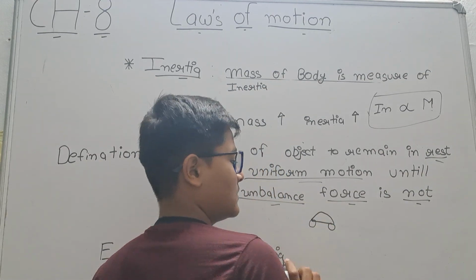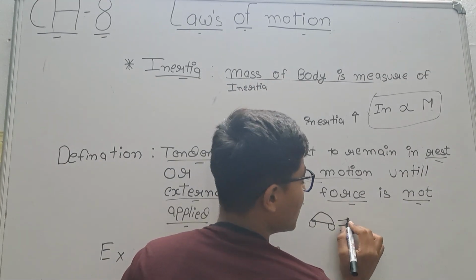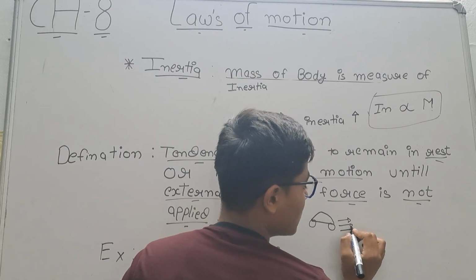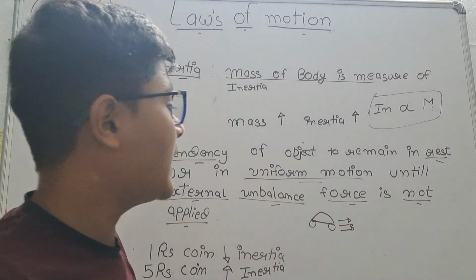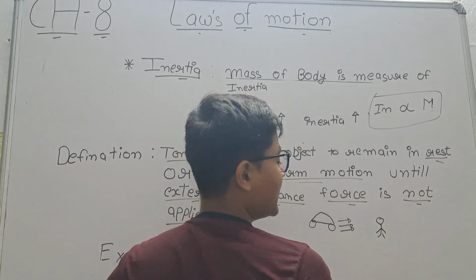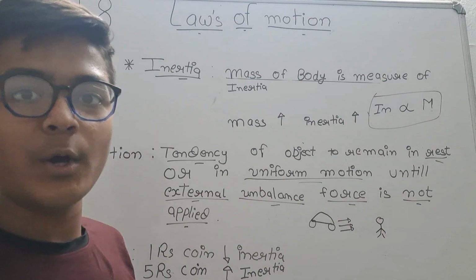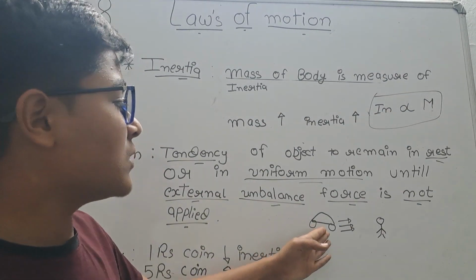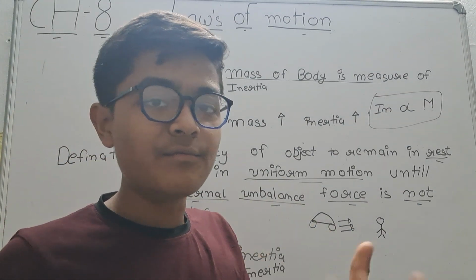This is a car. A car is moving along a road, and you are standing in front of it. Obviously you are not going to stop it, because the mass of the car and your mass are very different.